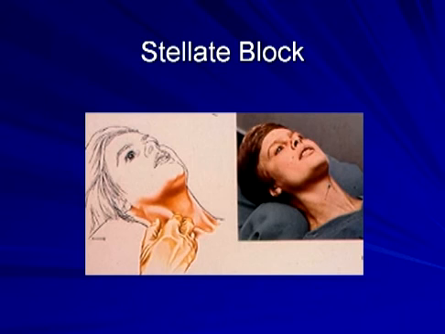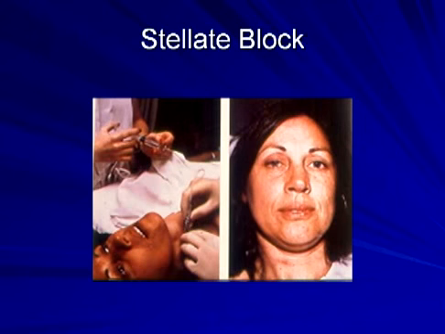So the needle is placed perpendicular to the neck until it gets down onto the transverse process, at which time local anesthetic is injected, and then the patient is put erect or head up, and that is to allow some gravity effect for the solution to go down to the upper thoracic nerves.